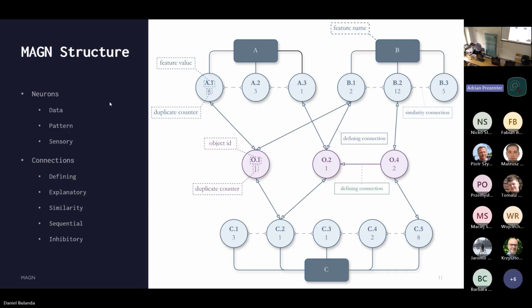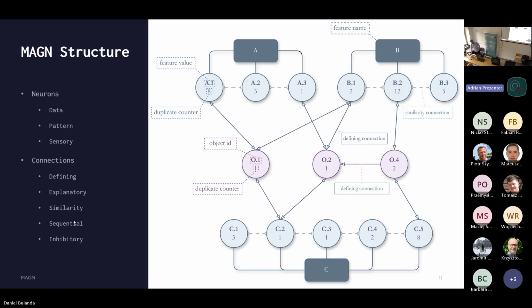Okay, we have also other types of connections. Explanatory connections are just the opposite of defining connections, but it is important to distinguish them because the algorithms are different behind the scenes. We have also similarity connections, which you met when I spoke about ASA graphs.